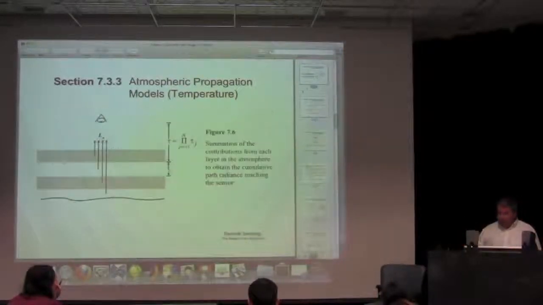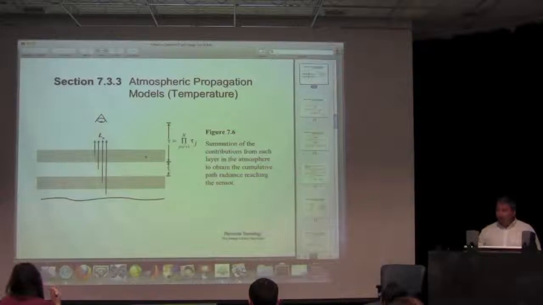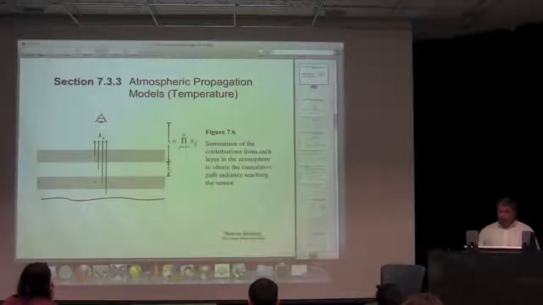So if we go back to the illustration here, if there's 4 layers here, let's say 1, 2, 3, and 4, if we're worrying about this particular path right here, we would start J at not 1, not 2, but at 3. So we go through layers 3 and 4. And this one's just layer 4. This is layer 2, 3, and 4. And finally, starting from the ground, we would go through all 4 layers.